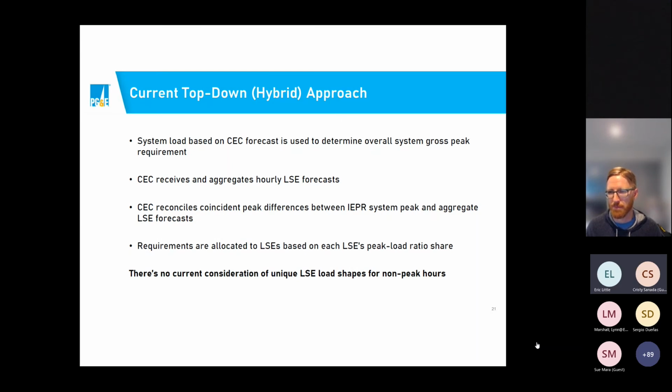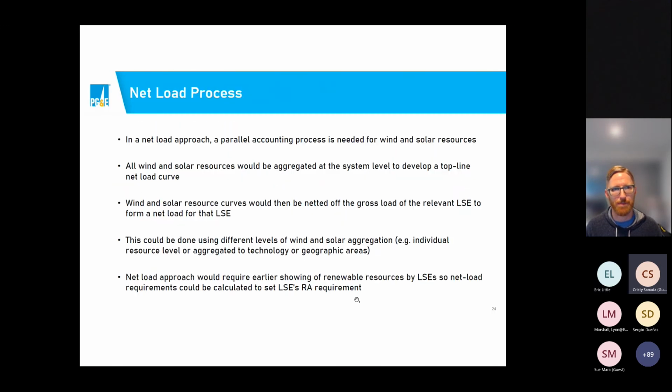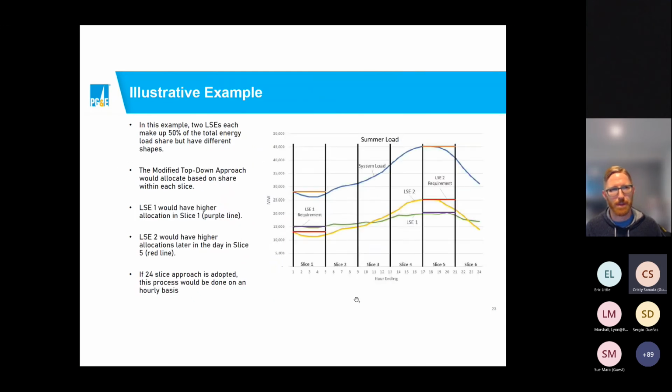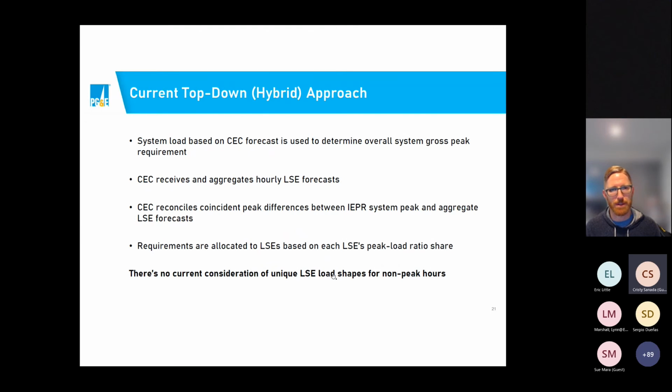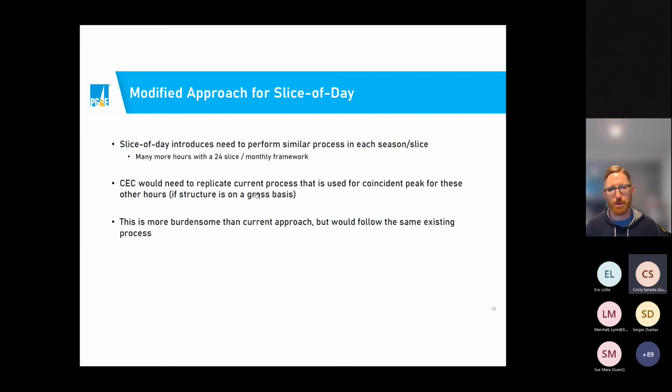Is that what I'm understanding? So that would be for the net load approach, where you're actually netting off the renewables. We started here with kind of a gross perspective, right? So in this case, renewables would not be netted off. Okay. Still be accounted for on the supply side.